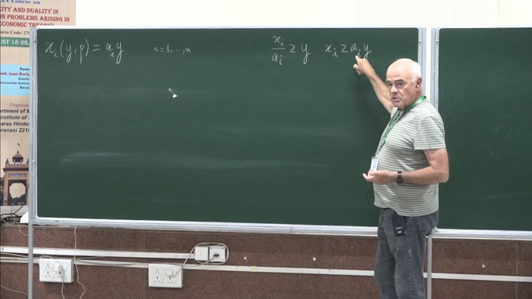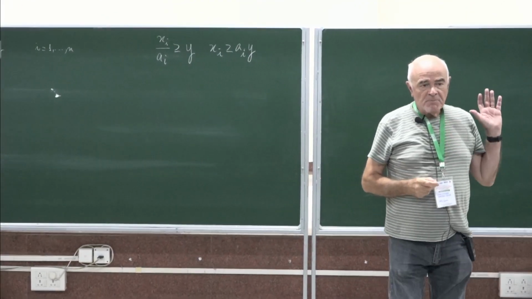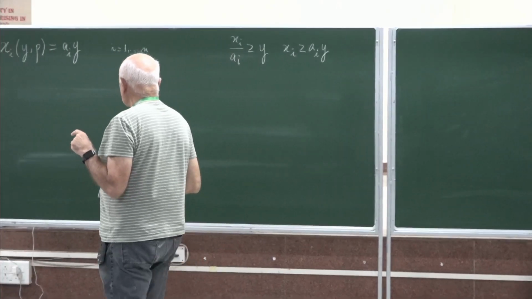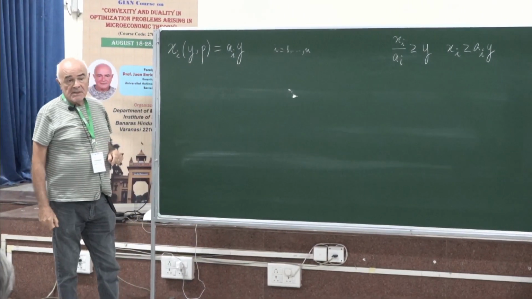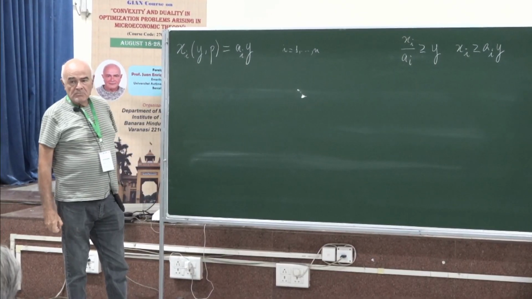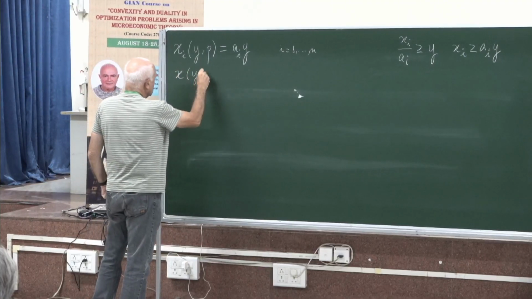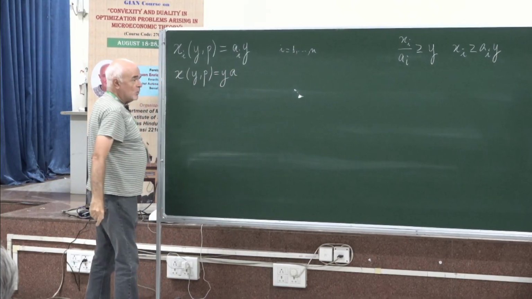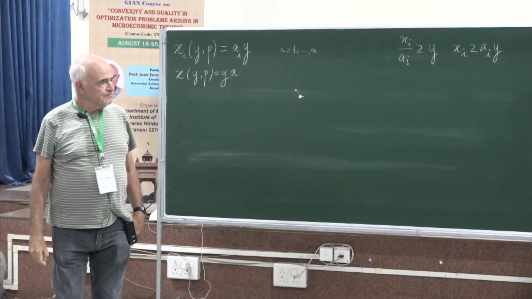So I will use this smallest possible amount, regardless of the prices. Prices have no influence. So this demand doesn't depend on prices. If you want to write it in vector format, x of (y, p) is y a, where a is the vector of a_i's. Okay?